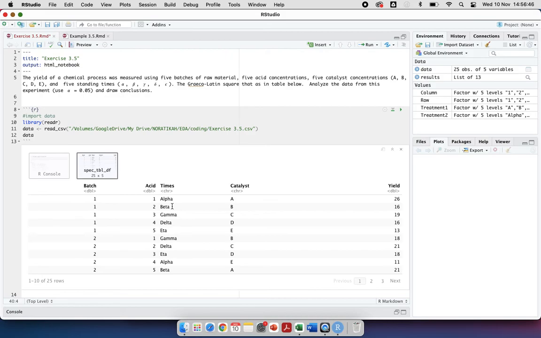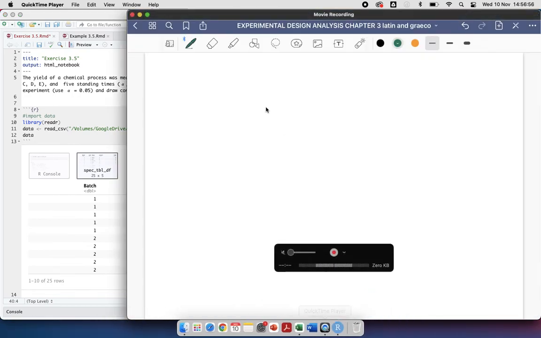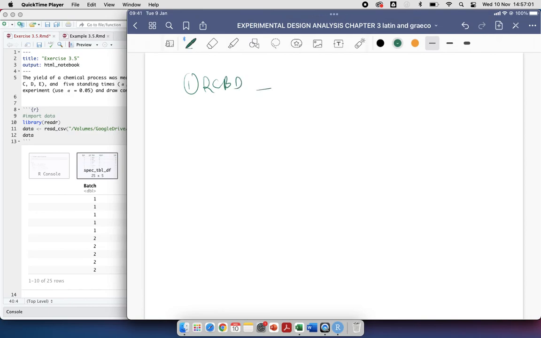So apa beza RCBD, Latin square and Graeco-Latin square? Okay, as the summarization, kita ada blocking, right? So we have done 3 blocking. First blocking is RCBD, which is you only have one nuisance factor. Okay, number 2, you ada Latin square design.